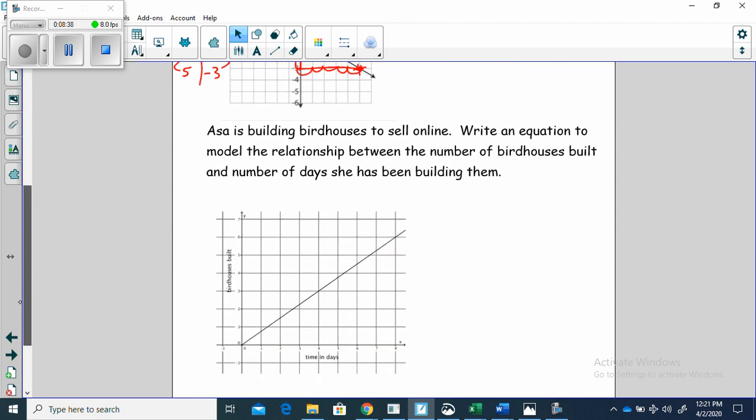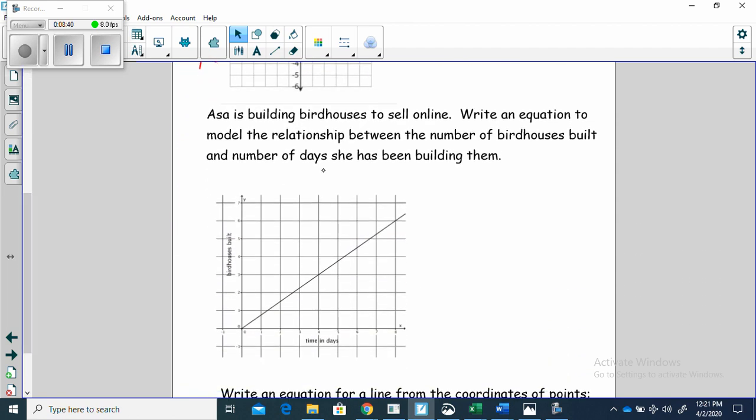Let's try another one of these. A says building birdhouses to sell online. Write an equation to model the relationship between the number of birdhouses built and the number of days she has been building them. Okay, let's start with our linear equation. Y is equal to mx plus b. Our b is where our line crosses the y-axis. Here's the y-axis. Here's where it crosses.